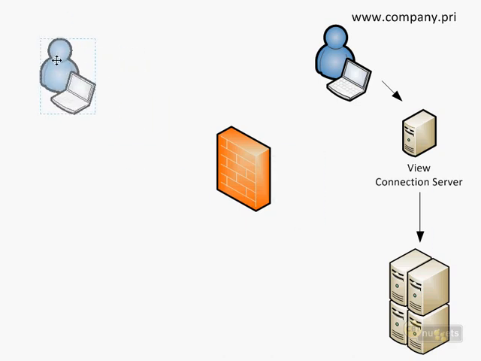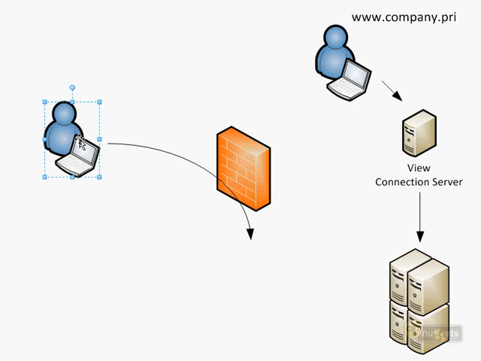And so if a user's out here and that user needs to connect into a machine here, a view connection server, we don't want to open up those direct ports because, well, that's just a really bad idea from a network security perspective. Consequently, the way that this gets resolved is by setting a piece of equipment between the user and the internal view connection server, and that piece of equipment effectively becomes your view security server.